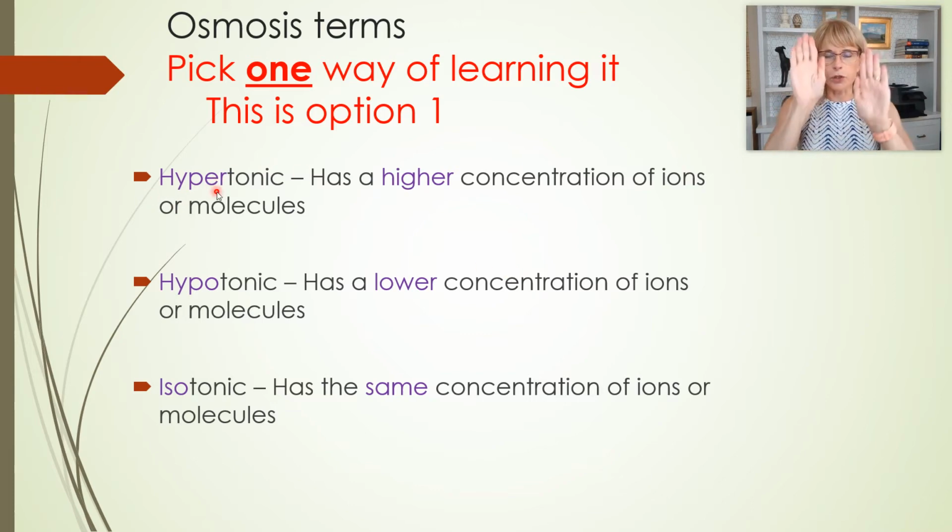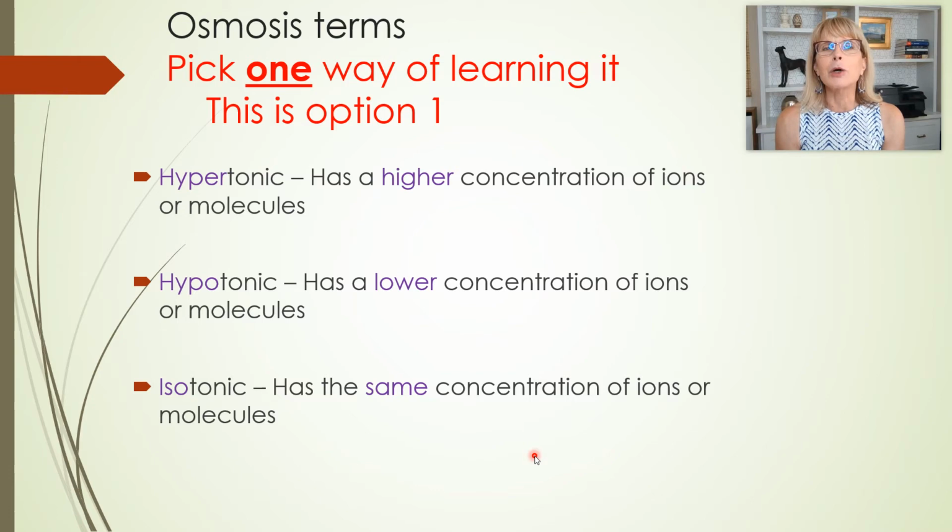So if you've got two solutions, beaker A, beaker B, the hypertonic one is the one that has the higher concentration of ions. Remember, hyper means too much solute, okay? The hypo one would be the one with not enough solute, whatever that solute is. Could be sugar, could be salt, could be glucose, it doesn't matter. And isotonic means they've got the same concentration of solute, isotonic.